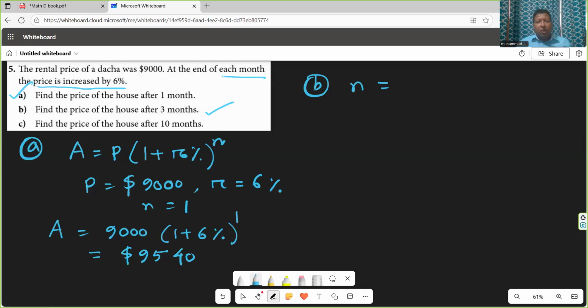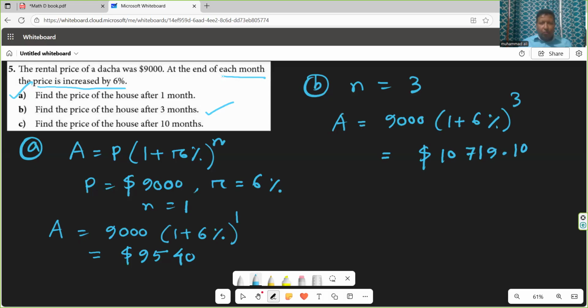Number B, here everything is like the previous maths. N equals 3 months, because it is the price of the house after 3 months. So amount equals 9,000 (1 + 6%) to the power 3. So it will be 10,719.10.